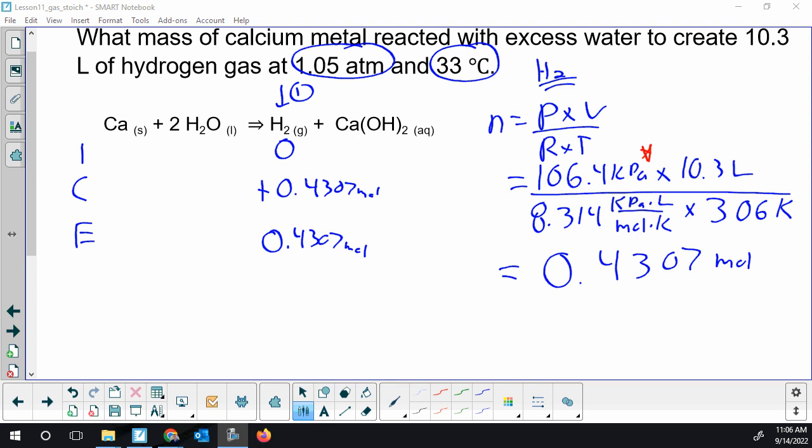We want mass of calcium. We're requiring calcium. It's a coefficient of 1, hydrogen's 1, so it's the same moles. We'd assume there's no calcium at the end.